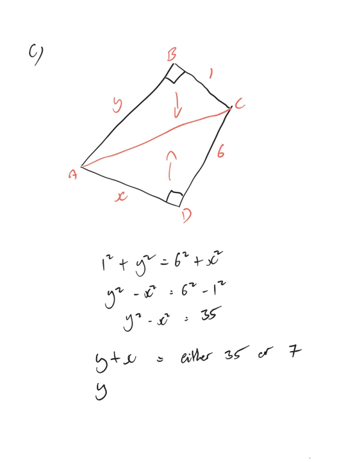Basically, what that means is y minus x, well, when y plus x is 35, y minus x must equal 1, or when y plus x equals 7, y minus x must equal 5. And they give us a hint on how to use this. They say, using simultaneous equations, find all possible pairs of values for the length of the sides AB and AD.